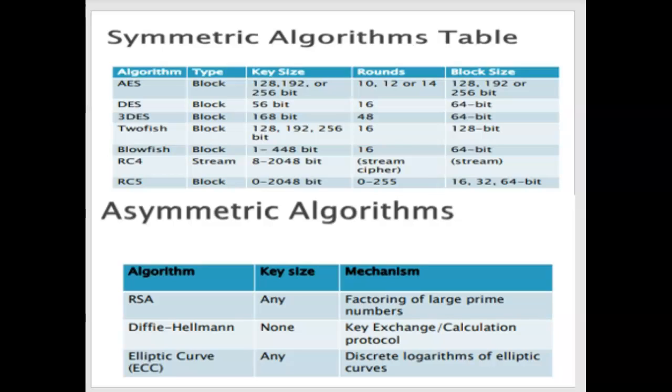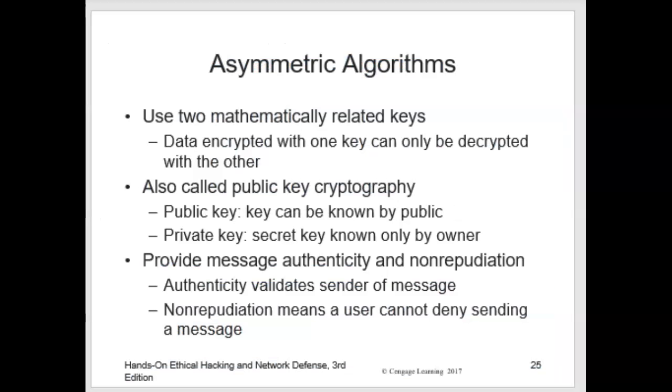And on the bottom, I list some asymmetric algorithms, just to give you the detail and the distinction between those. You'll see RC4 is the only stream cipher of the symmetric. Okay, so then we move to asymmetric algorithms.